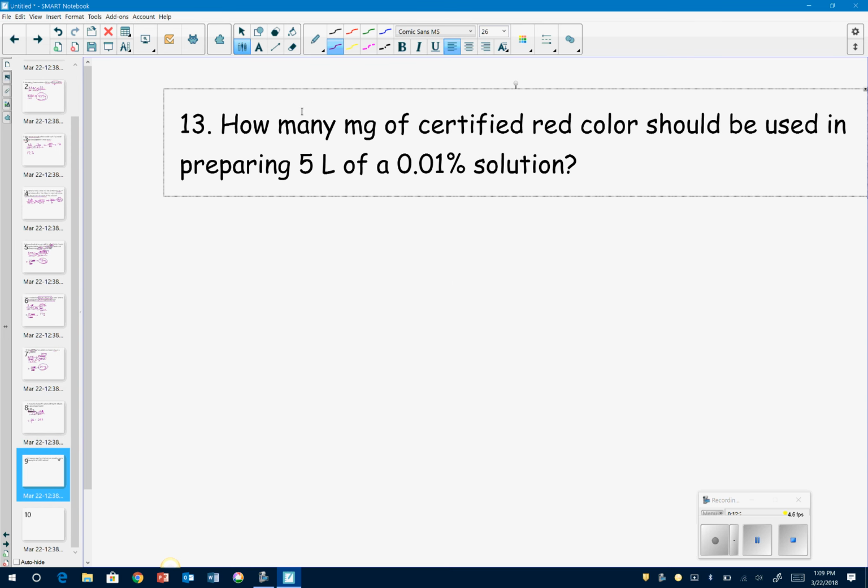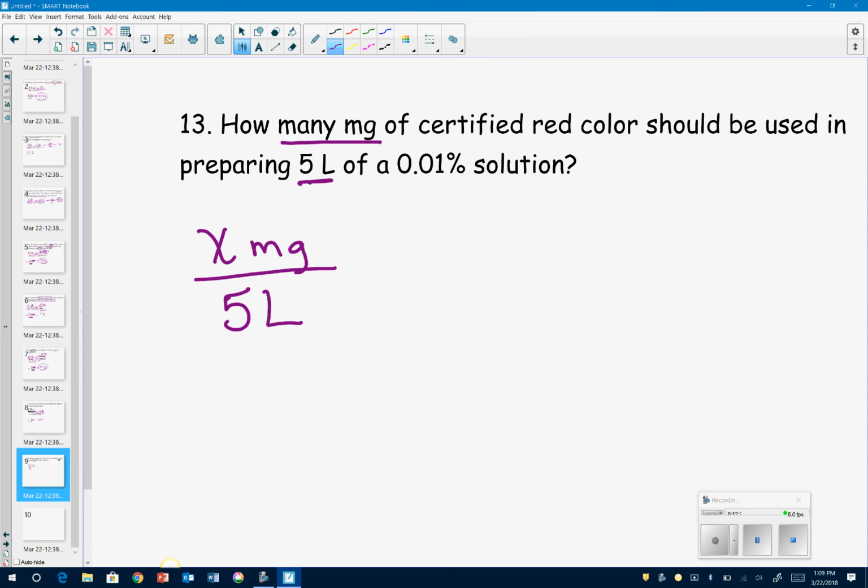Okay, next, asking you how many milligrams. So we know we're going to have X milligrams of certified red color should be used in preparing 5 liters of a 0.01% solution. And where some people get messed up is they say, oh, I don't have 3 numbers.